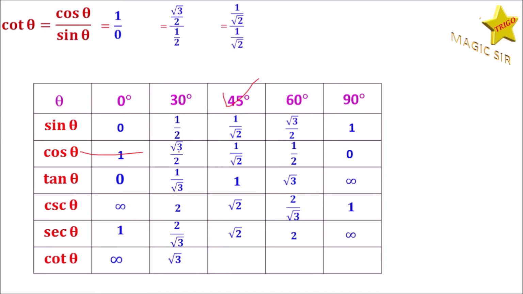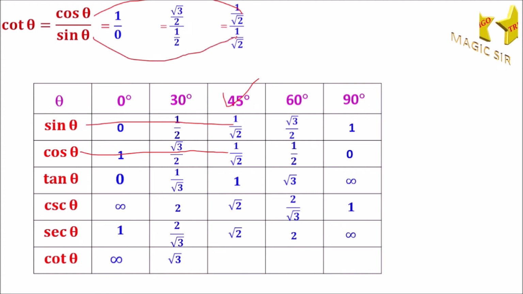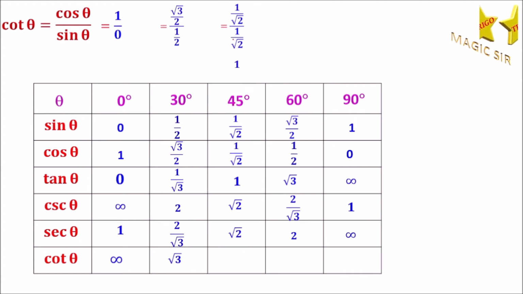For 45 degrees, we have cos theta equal to 1 upon root 2 and sin theta is equal to 1 upon root 2. Therefore, cot theta is equal to 1 upon root 2 upon 1 upon root 2 is equal to 1. So, cot 45 degrees is equal to 1.